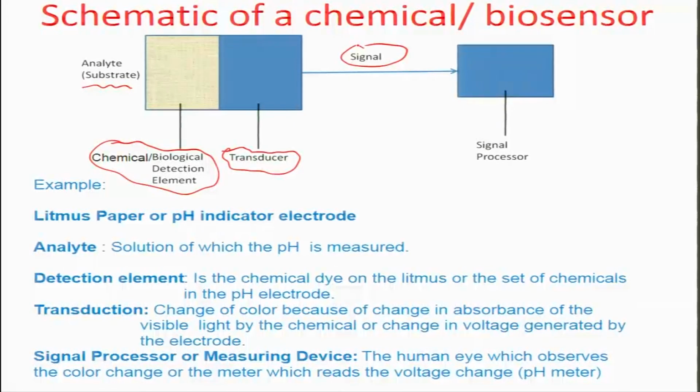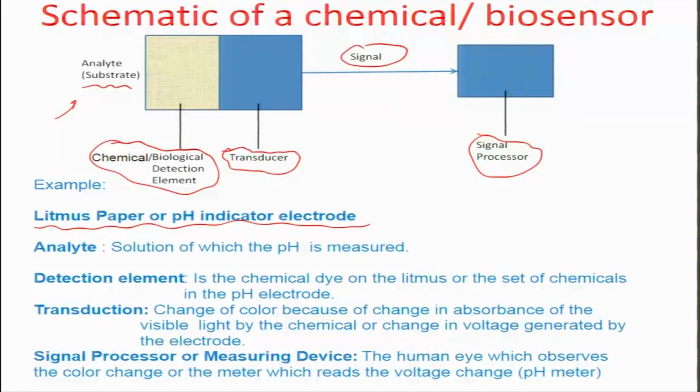The signals are sent to a signal processor, which interprets them based on the nature of the signal, and that way one can understand the analyte better in terms of its chemical or molecular composition. I explained how a litmus paper or a pH indicator can serve as a sensor, because almost all the components of the sensing model come in.